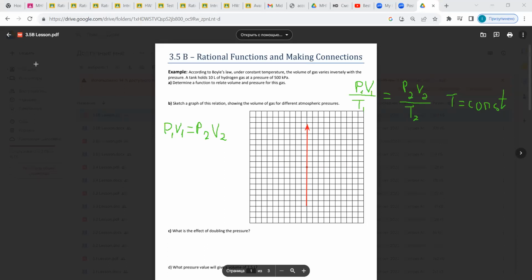Okay. Now, okay. So we're gonna start with sketching the graph showing the volume of gas for different atmospheric pressures.